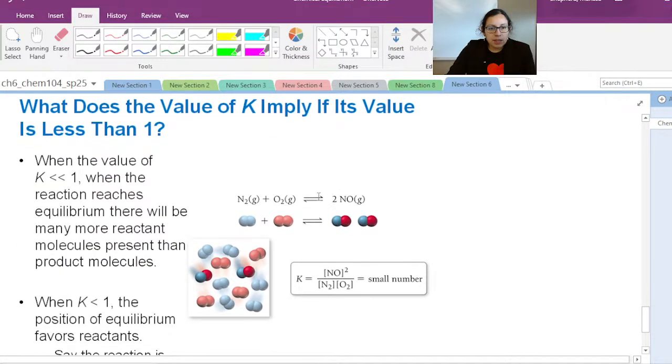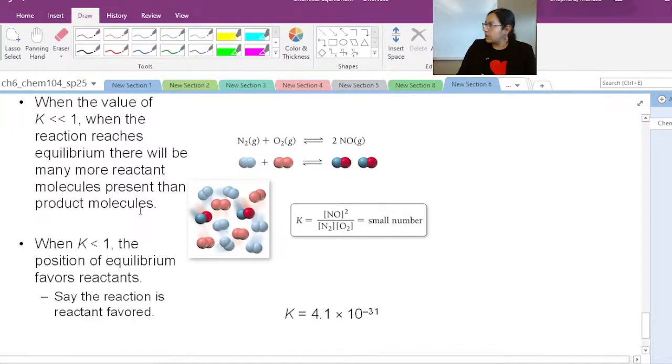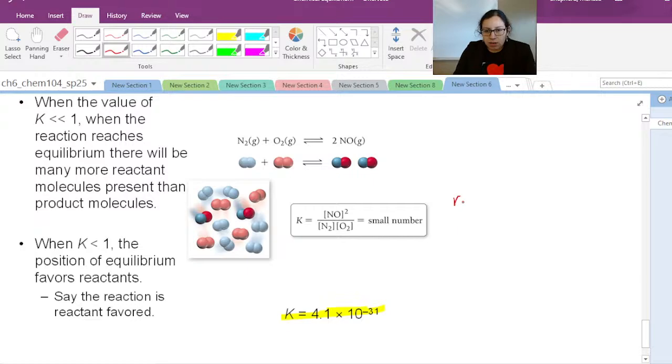And then, of course, if our K is much, much less than 1, looking at another extreme case, K is 4.1 times 10 to the negative 31 for this reaction of N2 plus O2 gives us NO. That makes sense for this reaction, and that's probably a good thing. Again, products over reactants.